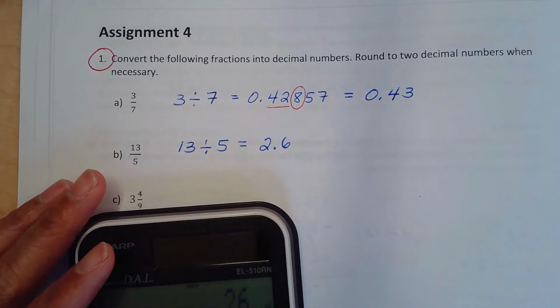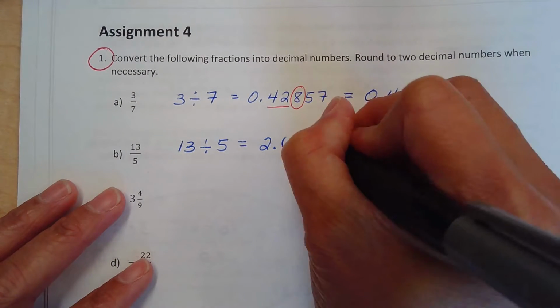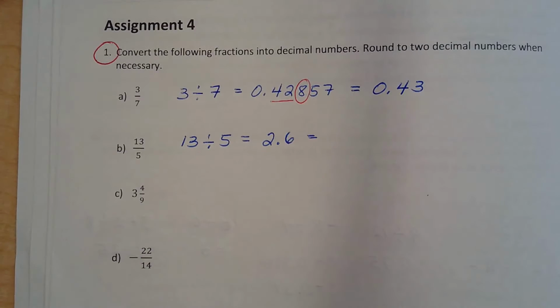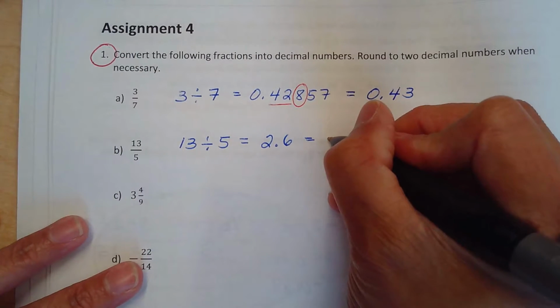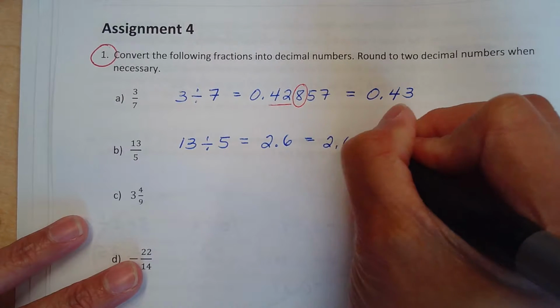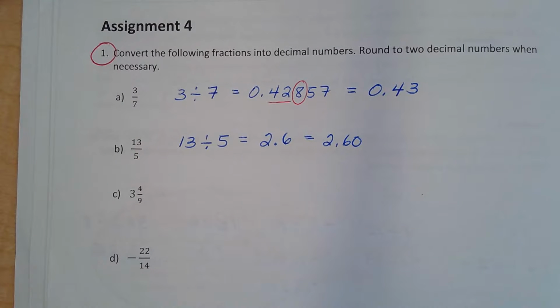And it says here, round off to 2 decimal places when necessary. So you can just put 2.6 for this, or if we want to write it to 2 decimal places, what would it look like? 2.60. Excellent.